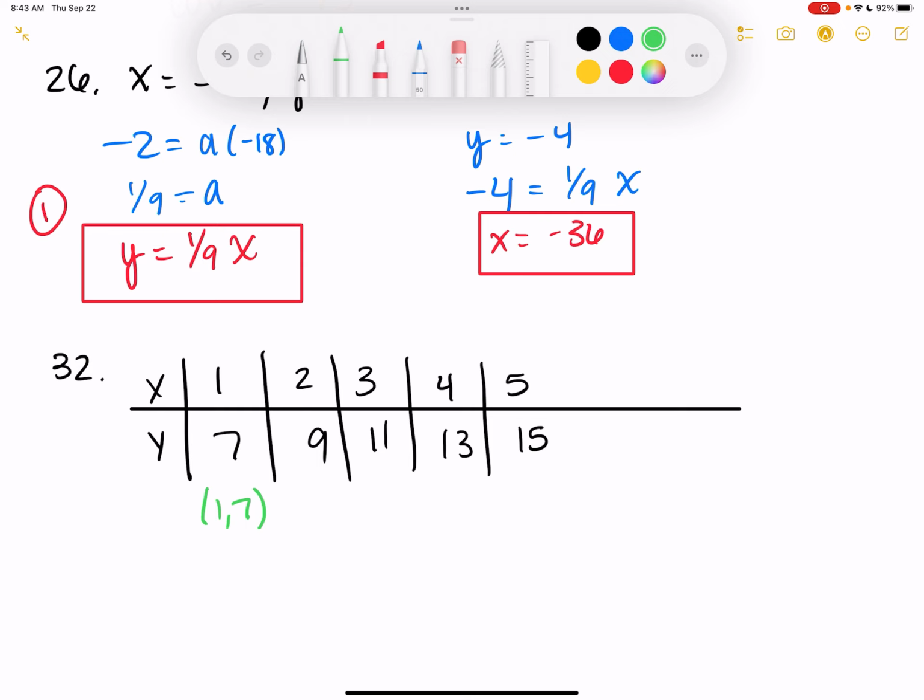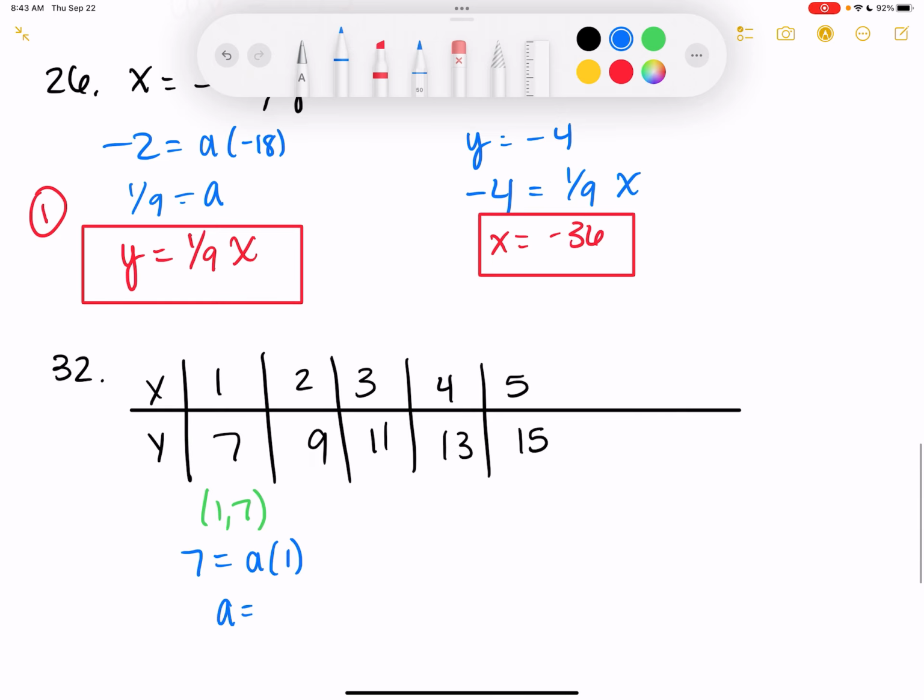Unless it's pretty obvious one way or the other, I would check at least 2 of them, because they should all be the same if it's direct variation. So if you checked 1,7 and then 4,13, it should be the same a value for both. So we're going to plug this in. 7 equals a times 1, so a is equal to 7.